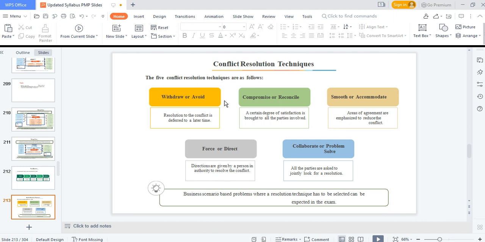All of the definitions are very, very clear. So here, resolution to the conflict is deferred for a later date or later time. And at times, it's a way to solve problems among team members. Because as a project manager, you're going to be dealing with several team members. So each of those team members, you need to understand how to work with every person.